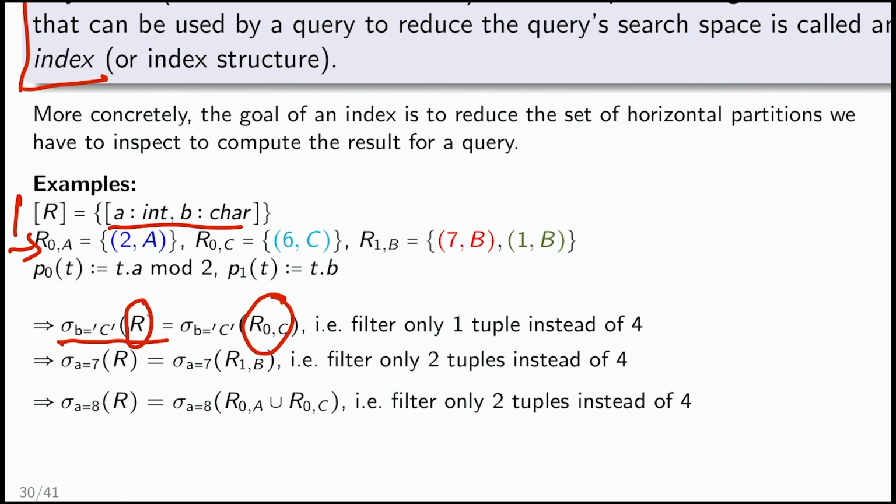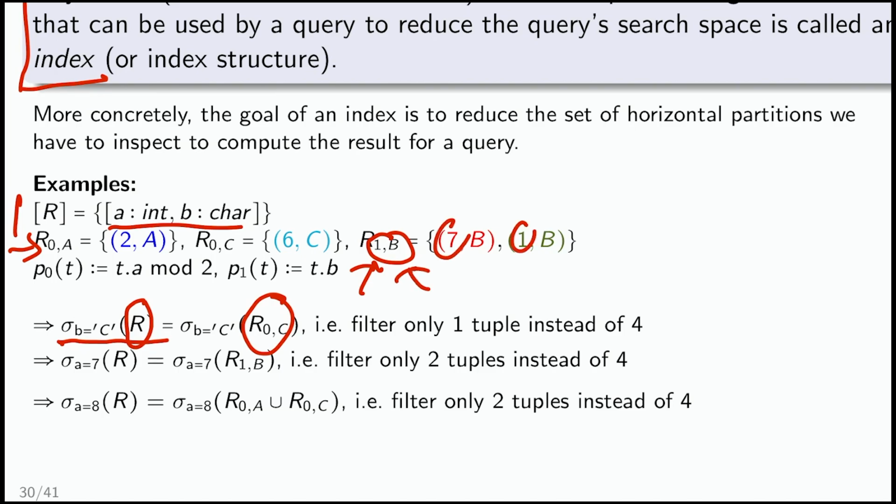Because now that's an invariant. I'm writing down an invariant with these partitioning functions, and that's another way of reading that. This is an invariant saying for all tuples in this set, the modulo partitioning function returns 1, so all of these numbers are odd, 7 and 1 are odd.